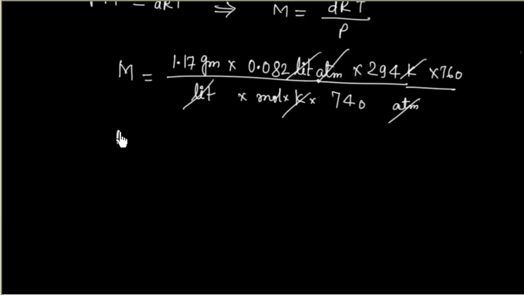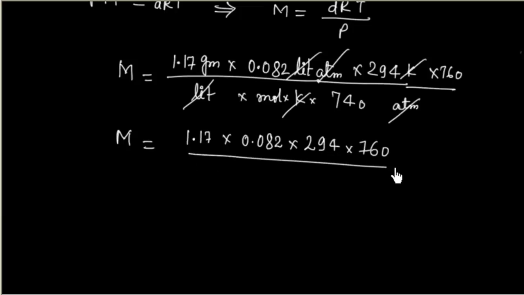So finally we will have molecular weight is equal to 1.17 multiplied by 0.082 multiplied by 294 into 760 divided by 740, and the unit will be gram per mole.